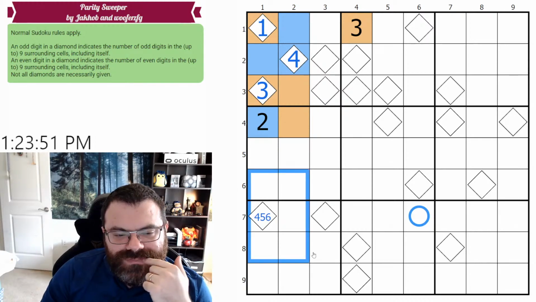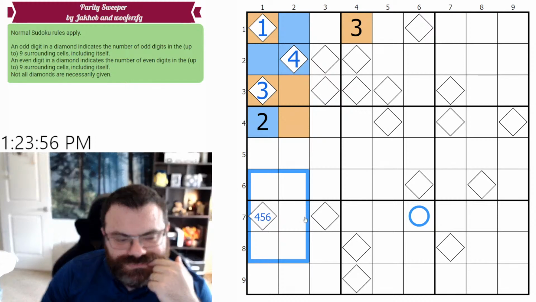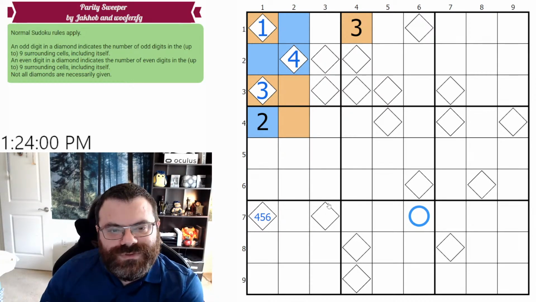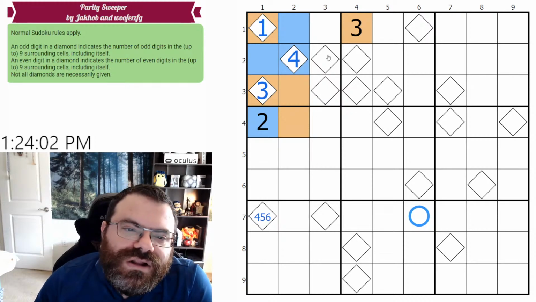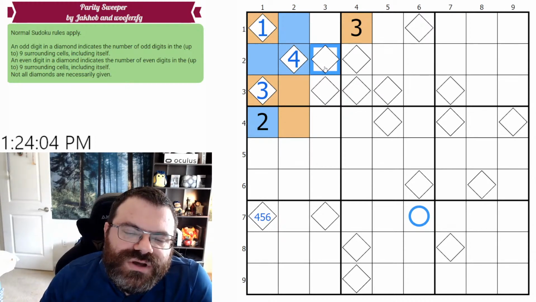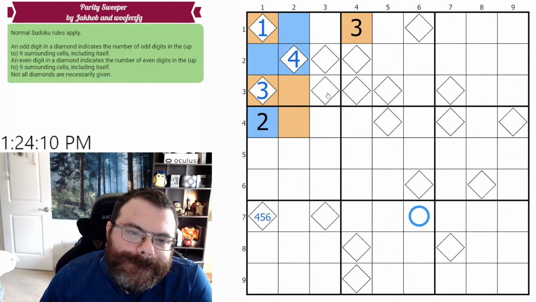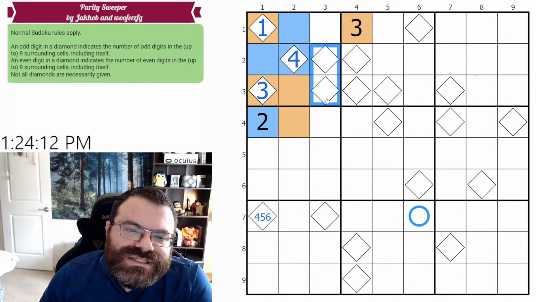So it's going to be describing most of its seen cells. Why can't this be an even 2? Oh no, this can't be an even 2. One of these is an odd that's at least 5. That's true.